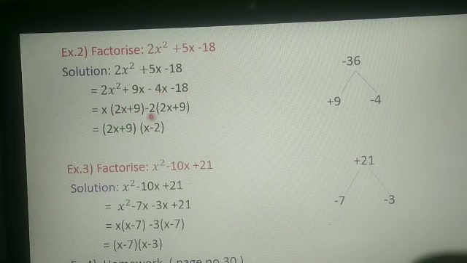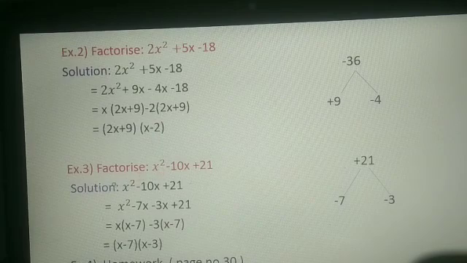From these two terms minus 2 we will take out, and what is left inside? 2x plus 9, because minus 2 into 9 will be minus 18, so here it is plus 9. Now what is common in both? 2x plus 9. So that we will write in one bracket, and the left terms we will write in the second bracket, x minus 2. The same way we will solve the third example.